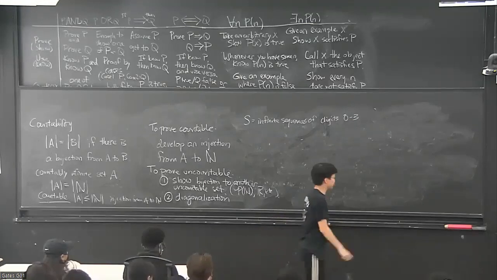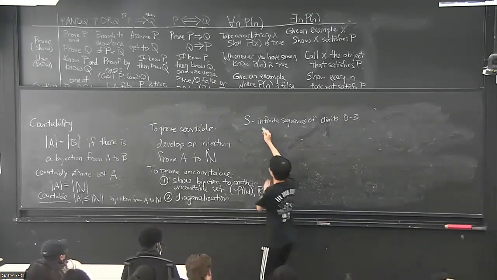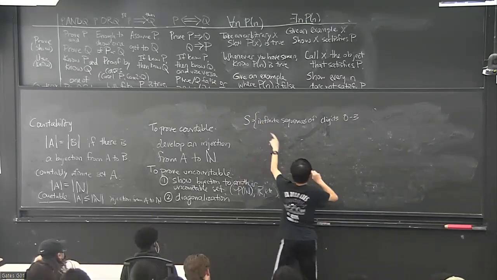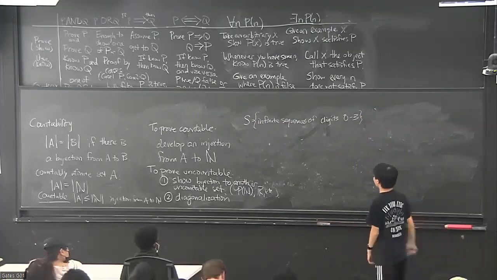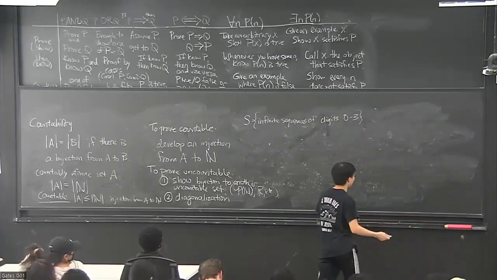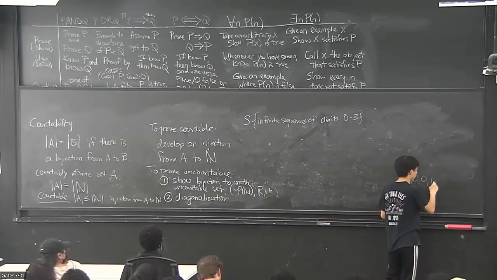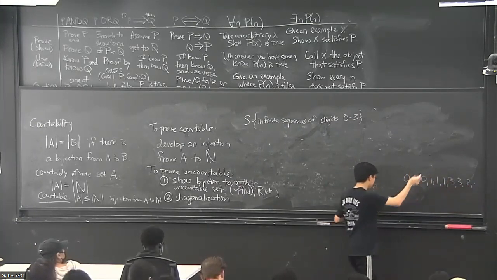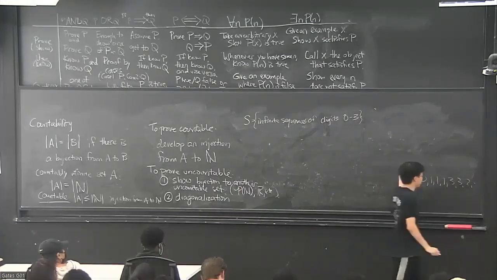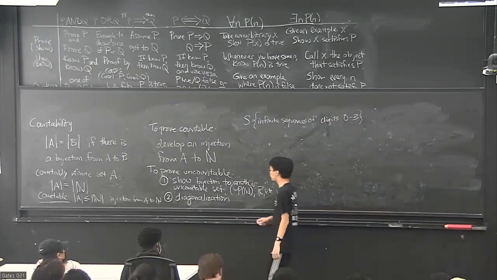S is the set, the elements of which are the infinite sequences of digits 0 to 3. So for example, one such element of S may be 0, 0, 0, 1, 1, 1, 3, 3, 2, and so on, up to infinity. We're going to show this thing is uncountable.